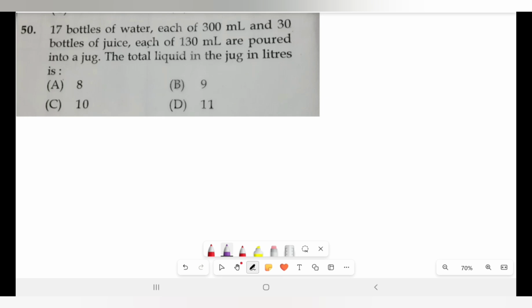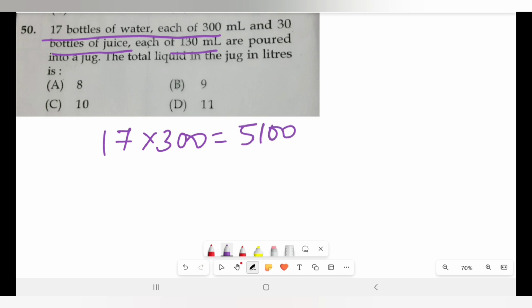Here in this question, there are 17 bottles of water, each 300 ml, and 30 bottles of juice, each 130 ml. So here 17 bottles into 300 ml is equal to 5100, right? So this is in terms of ml. Again here, 30 into 130 ml.